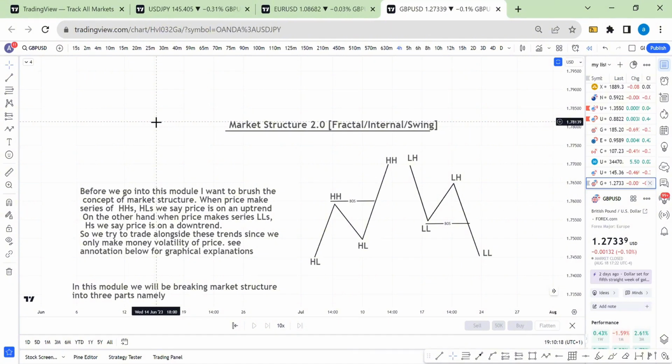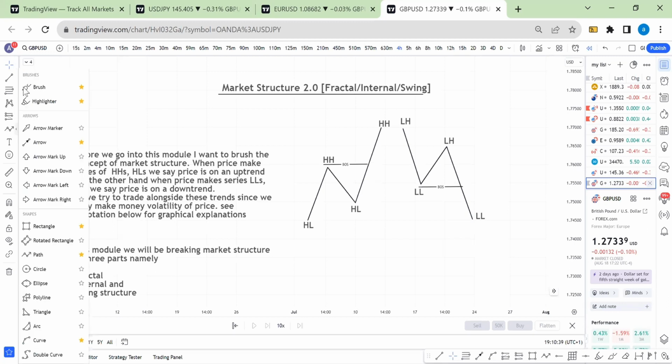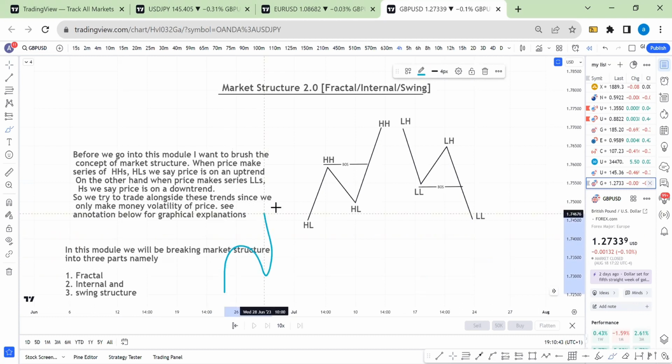Now, when price makes a series of higher highs, that's HH, and higher lows, that's HL, we see price on an uptrend. That's exactly what we have here. We assume that this is just a part of price action that I just carved out here. We believe the market has been making higher highs coming like that, so I just take this part out.